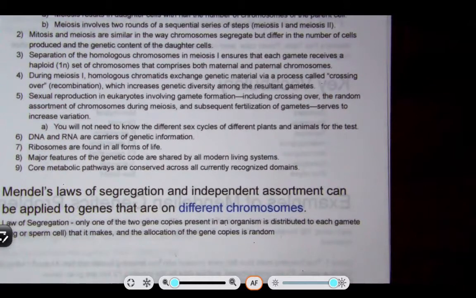And by sharing that DNA, and we can even compare it, we can tell whether or not something is closely related or not. And the core metabolic pathways are conserved across all currently recognized domains. Basically, that's just saying, hey, everything uses some version of glycolysis, and a lot of organisms use photosynthesis, and they share similar molecules.